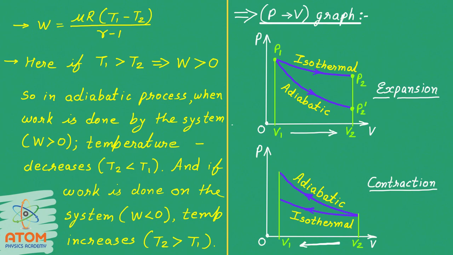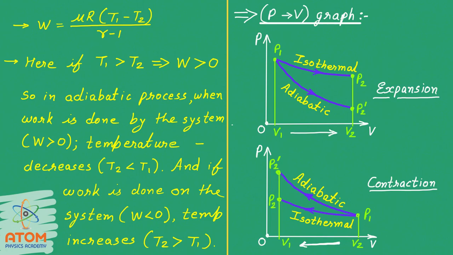Here also you can see that initial pressure is, let us say, P1, then final pressure for both isothermal and adiabatic is different. For isothermal, let us say it is P2, and for adiabatic, let us say it is P2 dash. We can see that P2 dash is larger than P2. So here also, for the same amount of contraction, we are getting different final pressures.